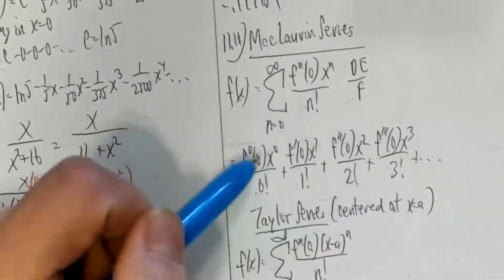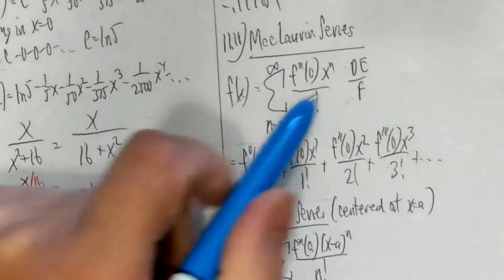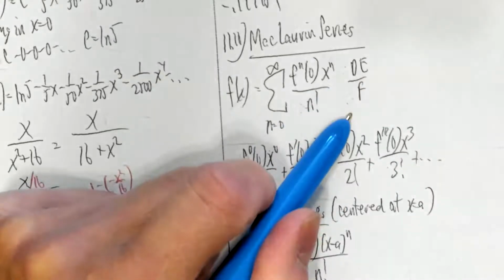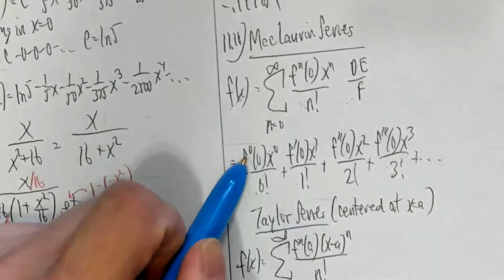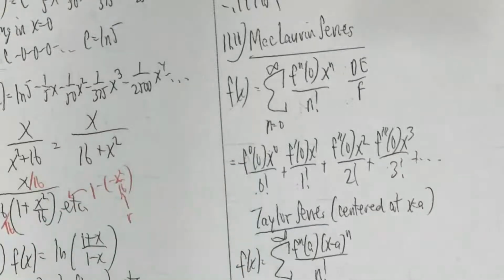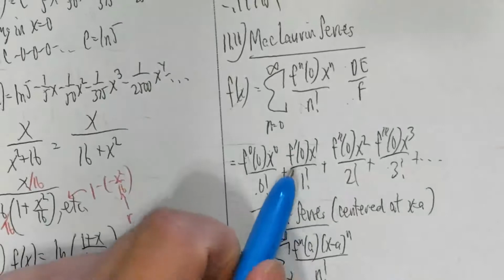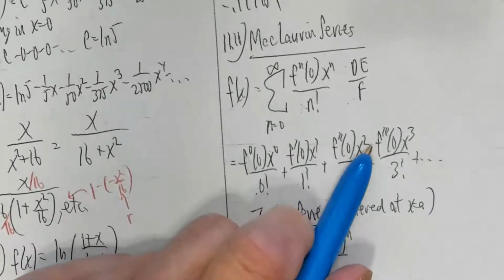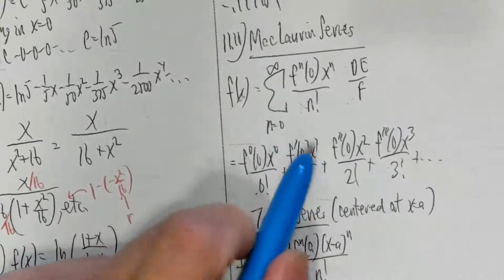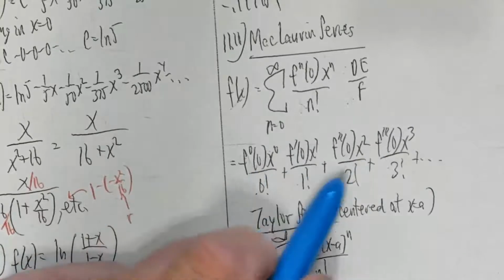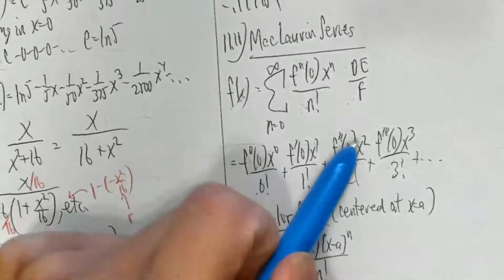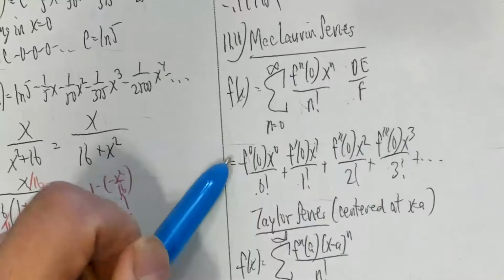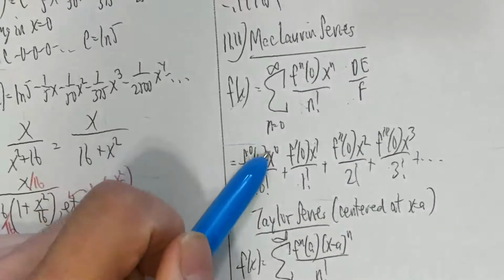So you're doing the nth derivative, exponent, factorial, DEF. The 0 derivative means the function itself, then first, second, third derivative. Then the exponent 0, 1, 2, 3, then the factorial 0, 1, 2, 3. Notice it goes 0, 0, 0, 1, 1, 1, 2, 2, 2, 3, 3, 3.